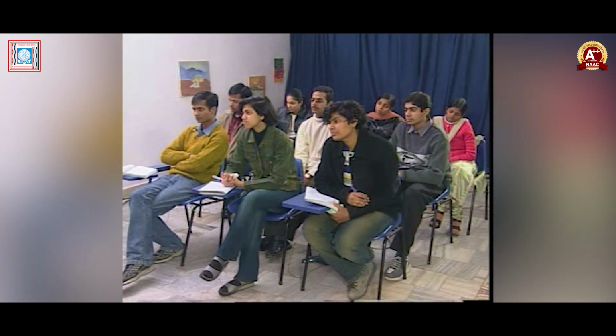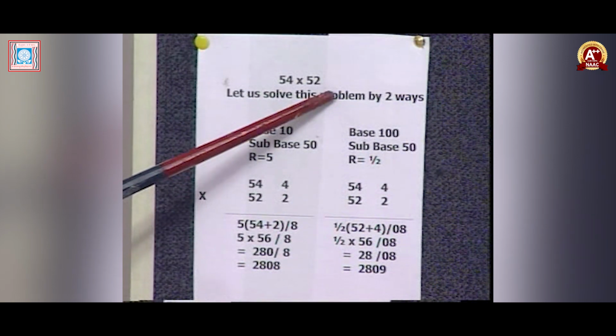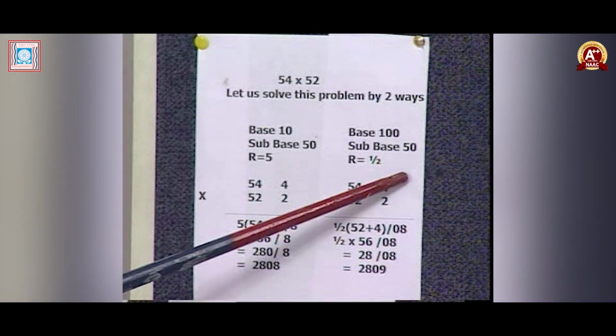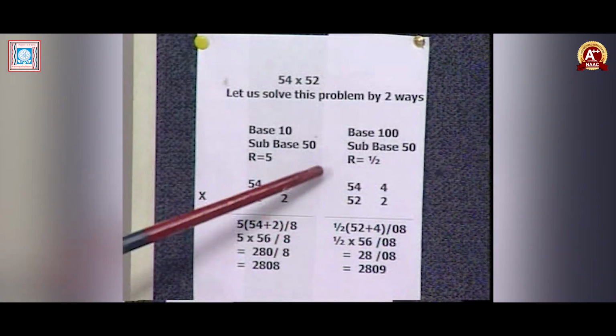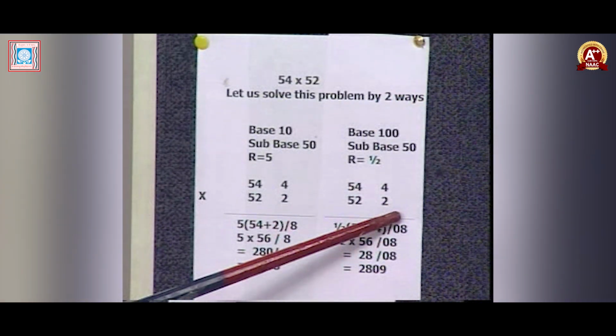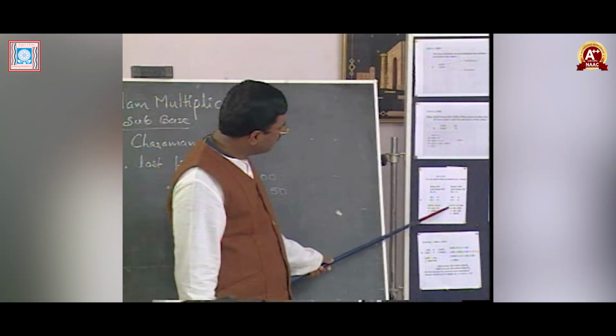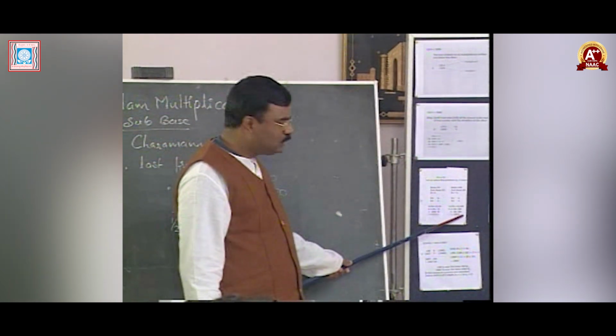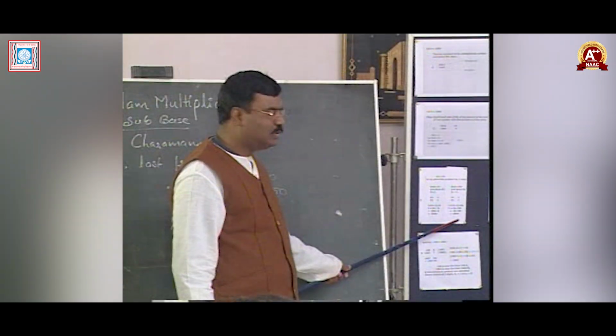If you consider the base as 100, sub base is 50. The ratio becomes half. Then also deviation is 4 in the first number, 2 is the deviation in the second number. But the right part is always 2 digits because 100 has got 2 zeros.